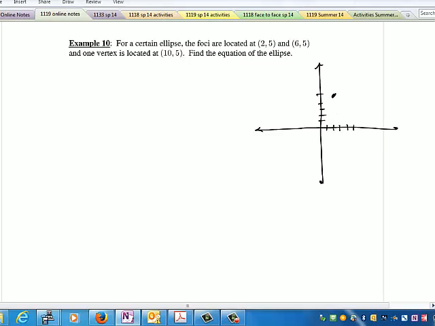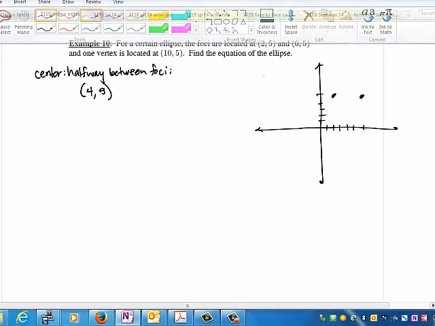The center has to be halfway between the foci. So that would be, what, between 2 and 6 would be 4, 5. So the center is going to be 4, 5.